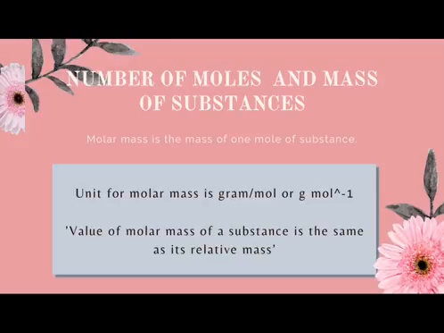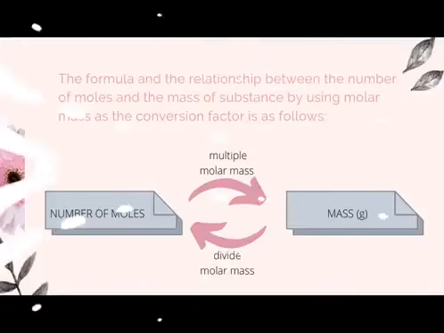That is 6.02 × 10^23 atoms of carbon. If you want to know the mass of a substance, we should multiply molar mass by number of moles. And if we want to know the number of moles, we should divide the mass by molar mass.